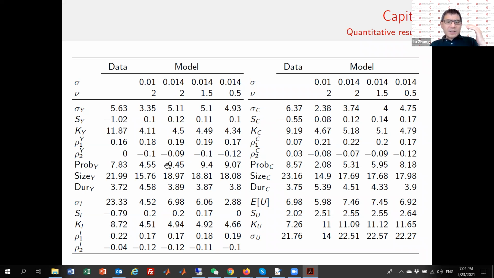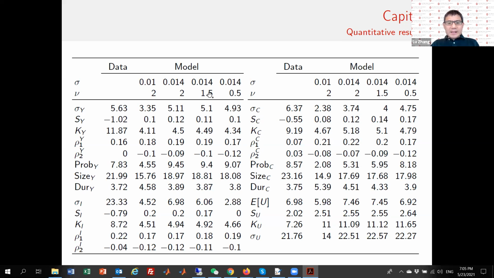So importantly, you see that output disaster probability is 9.45%. It's slightly higher than that in the data, but slightly lower than in the home production case. The disaster size drops slightly, but not by much, still 19%. Duration rate is slightly higher.